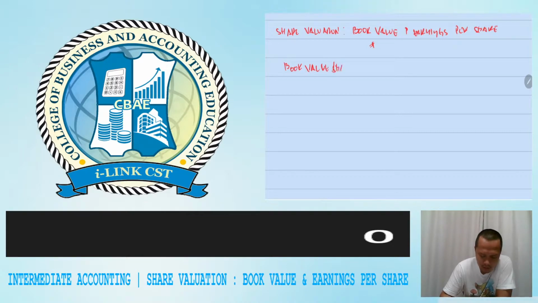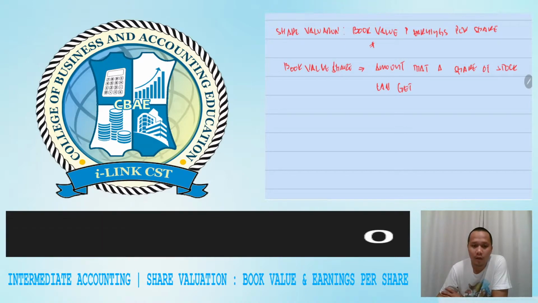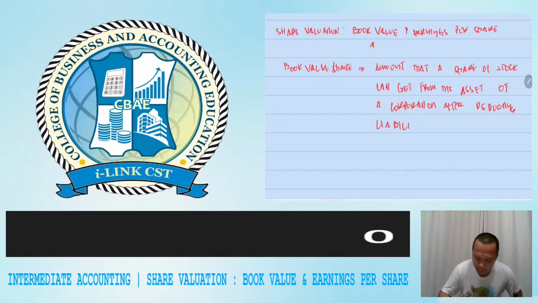Book value per share is basically the amount, take note of this, the amount that a share of stock can get from the assets of a corporation after deducting liabilities. Okay? After deducting liabilities.